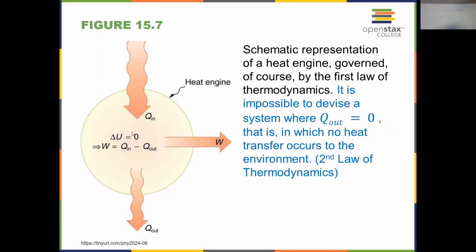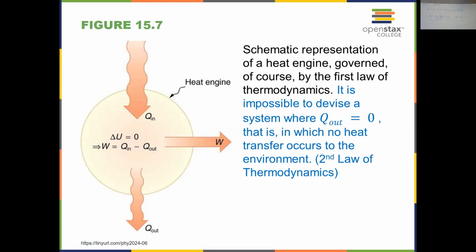In that case, delta U is equal to Q in minus Q out minus W. That gives you net Q minus W, and if delta U is equal to 0, then Q in minus Q out should be equal to W. So W is equal to Q in minus Q out.